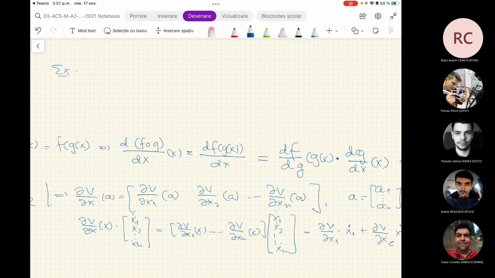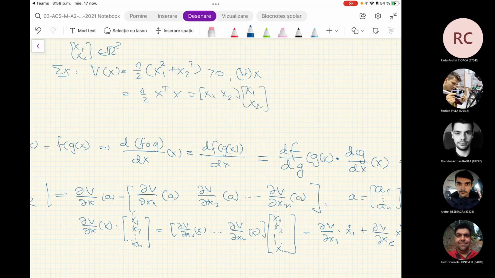Example. V(x) is half of x1 squared plus x2 squared. This is positive for all x, quadratic even. If you have the vector x1, x2 in R2, this is half x transpose x. True? Because it's actually x1, x2 multiplied with x1, x2, times half.